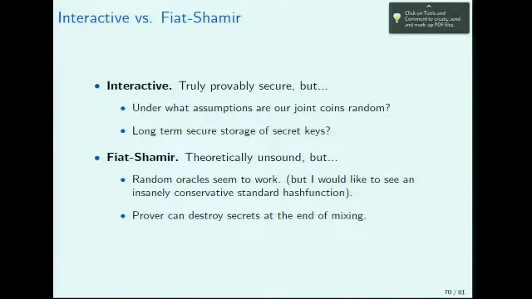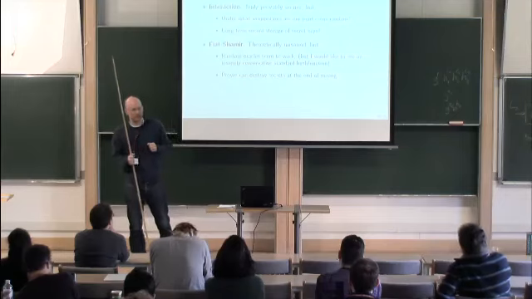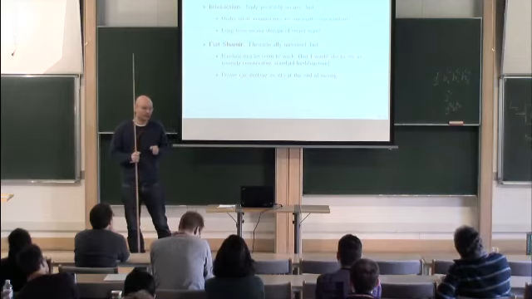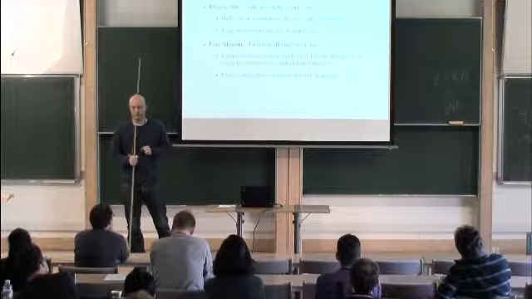But then you can say, well, that's very nice, but under what assumptions are your random coins random? Maybe it's okay to trust the decisional Diffie-Hellman assumption for hiding something, but I might feel a bit wary of trusting the correctness of the whole election under this assumption, right?